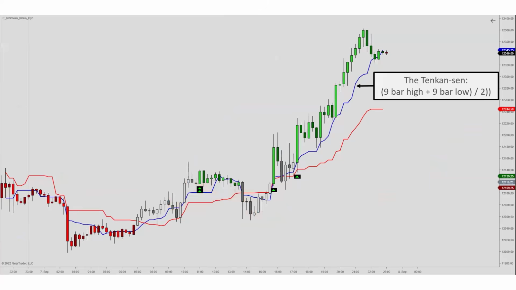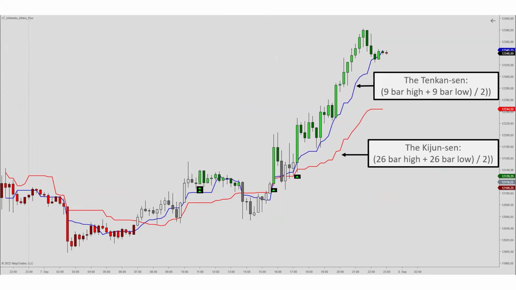If we begin with the Tenkan-sen, that's the blue line, calculated as the midpoint between the 9-period high and low. The Kijun-sen uses the same formula, but over a 26-period range. So the relationship here is more or less like a 9 versus 26-period moving average.